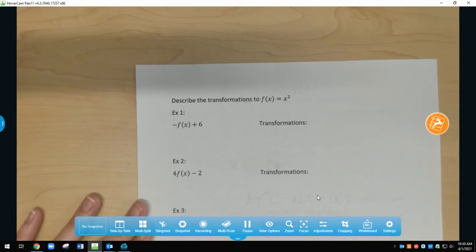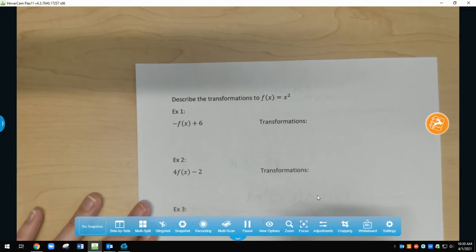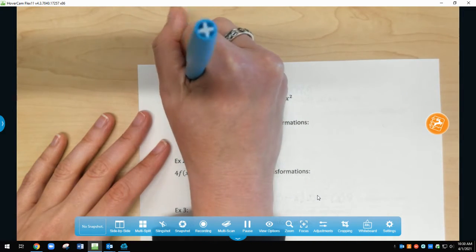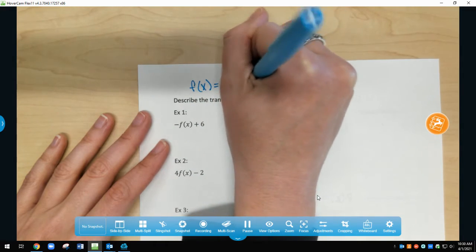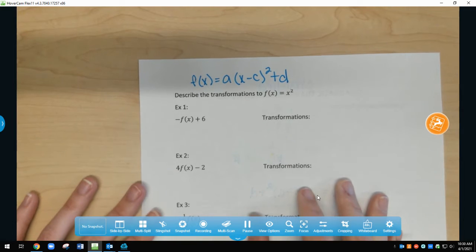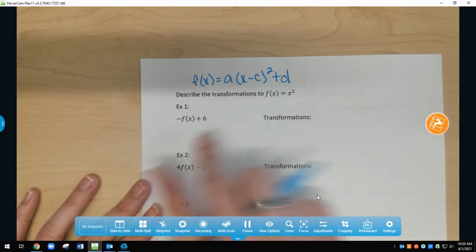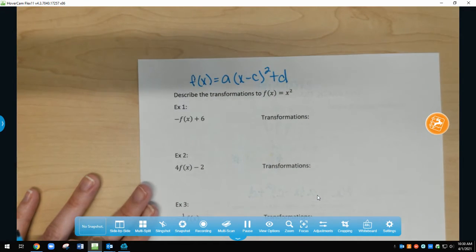So it says describe the transformations to f of x equals x squared. Okay, so I'm going to go ahead. We have f of x equals a times (x minus c) squared plus d. All right, so basically what this is saying, anywhere I see an f of x, I replace it with an x squared.